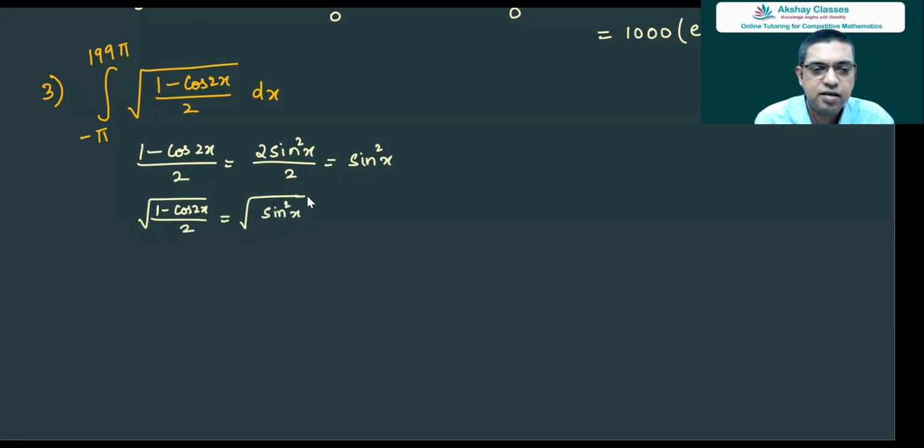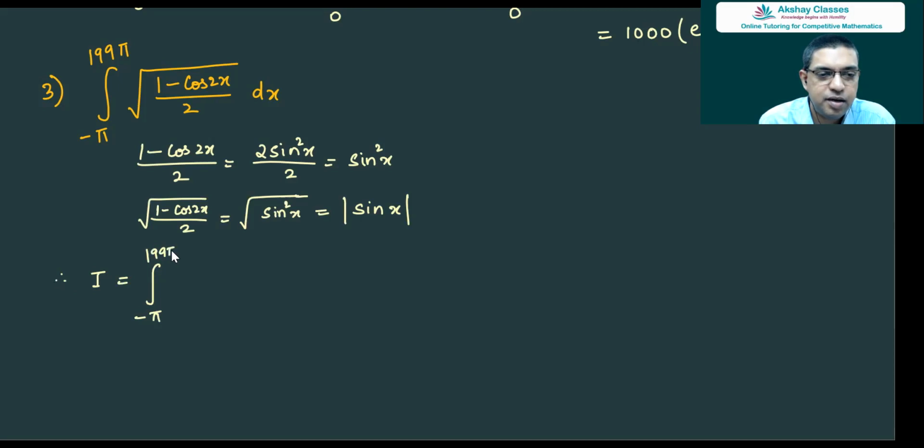Again, here we have to take this as modulus of sine x. So therefore, the integral is the same as the integral from minus pi to 199 pi of modulus of sine x.